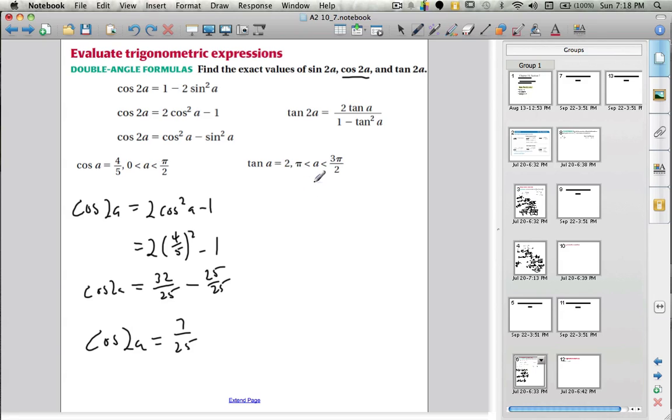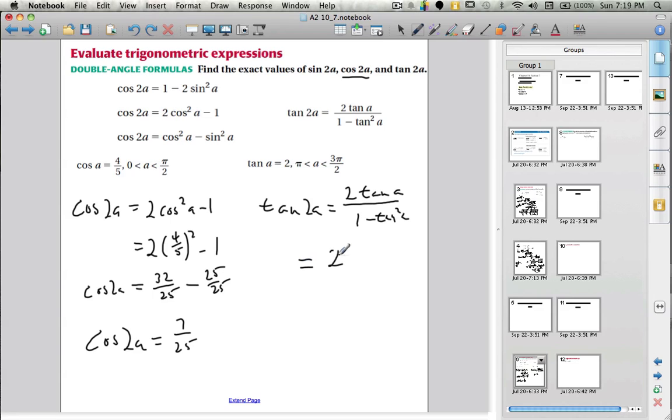Okay, if I go ahead and work with this particular problem, I know that the tangent of 2a will be equal to 2 times the tangent of a over 1 minus tangent squared a.